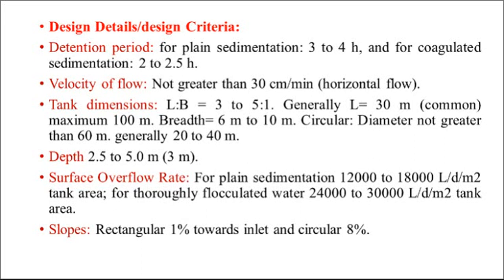For circular tank, diameter should not be greater than 60 meter and it should be in the range of 20 to 40 meter. Then depth of the sedimentation tank should be between 2.5 to 5 meter, and normally 3 meter depth is provided.